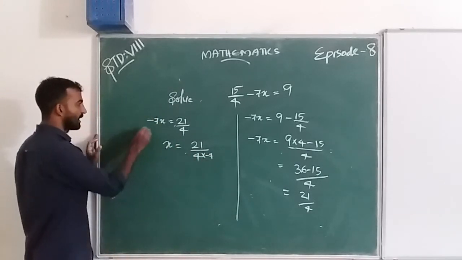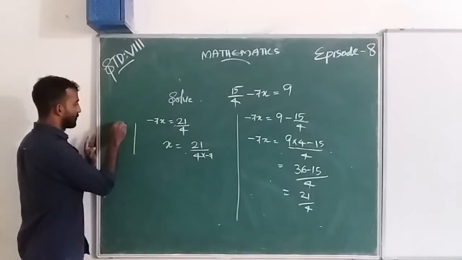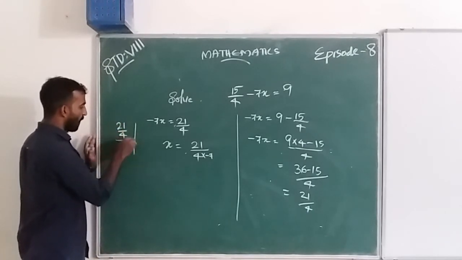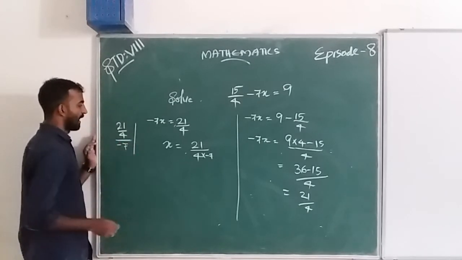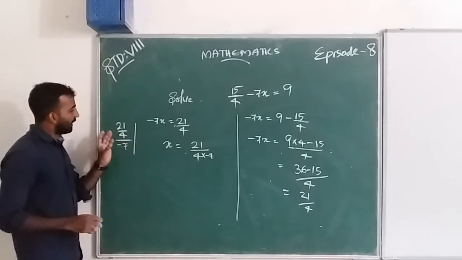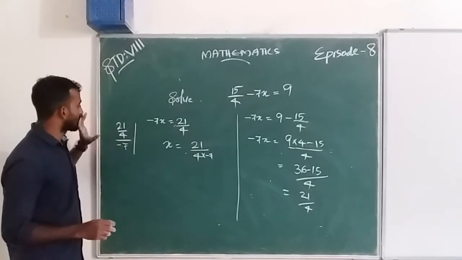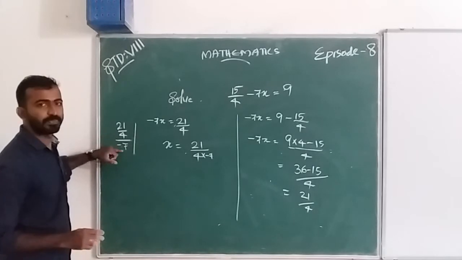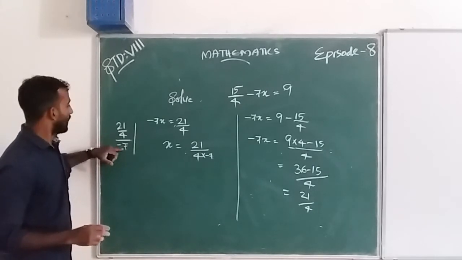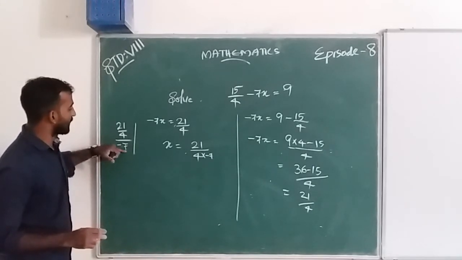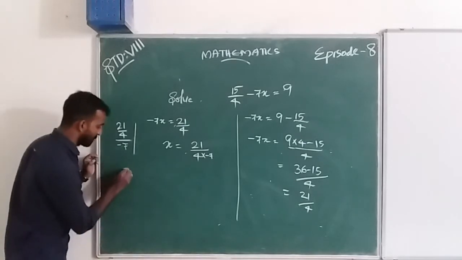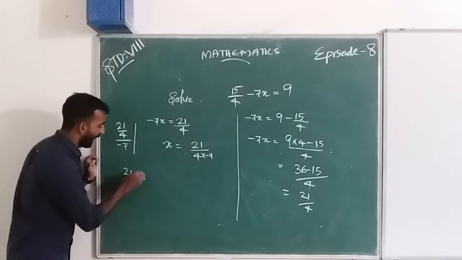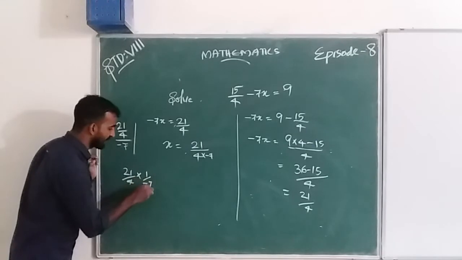Actually it is 21 by 4 whole divided by negative 7. When we divide rational numbers, we take the reciprocal of the divisor. That is, 21 by 4 into 1 by negative 7.